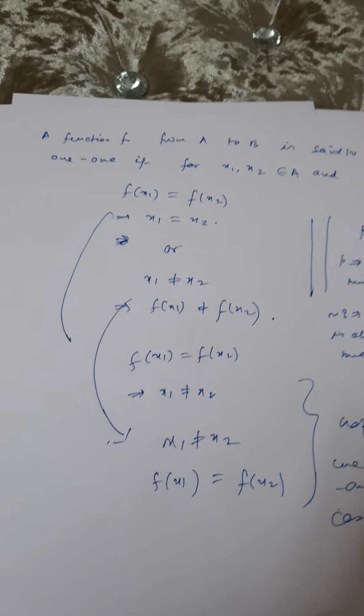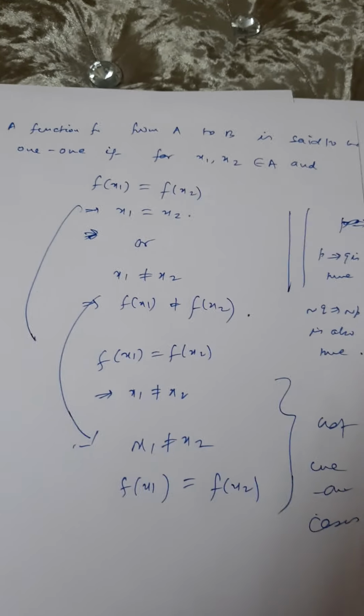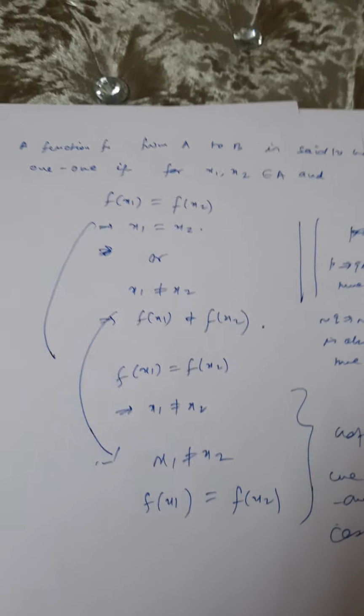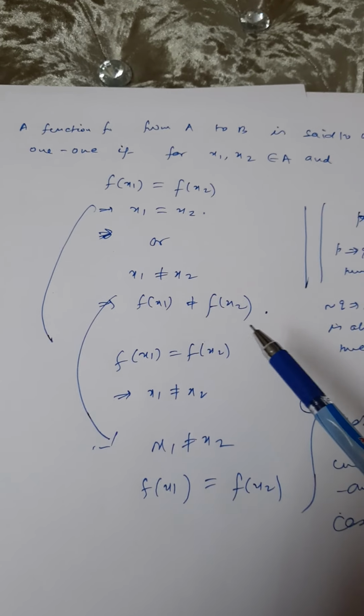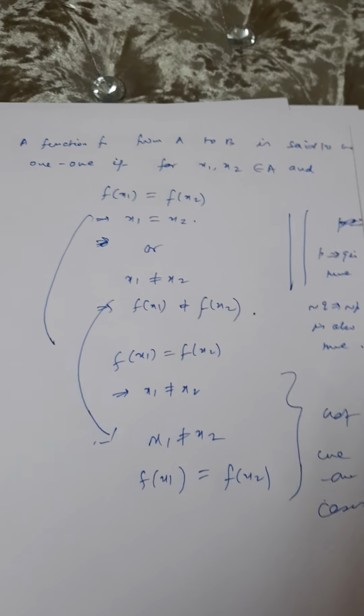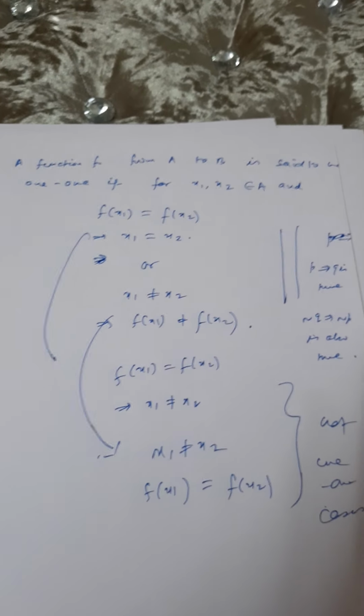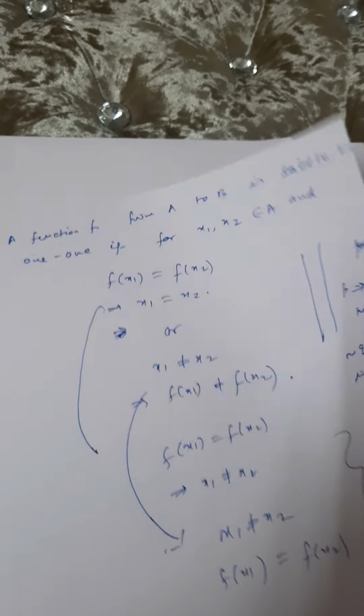Now hope it's clear. I am again saying a function f from A to B is said to be one-one if distinct elements have distinct images. It's again known as injective function.